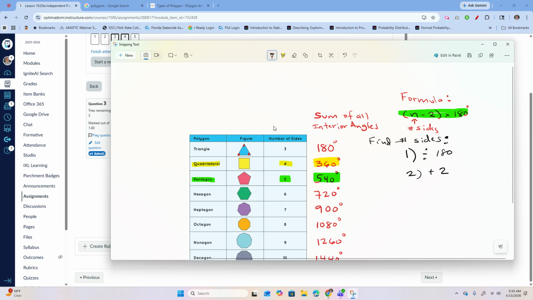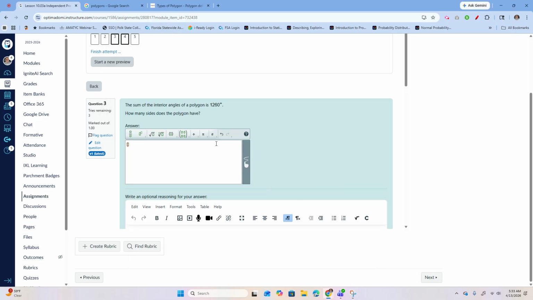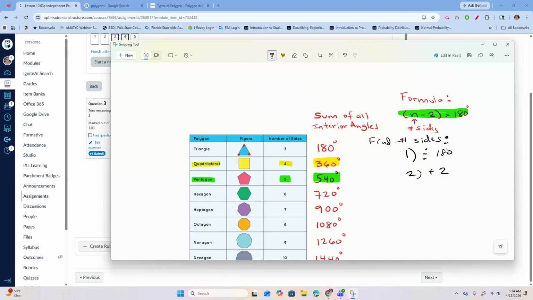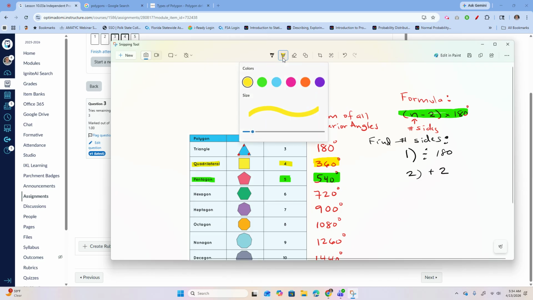And what do I mean with that? Well, look, what did this mean? They gave me a polygon where all the angles inside add up to 1,260. So my first step is I'm going to take 1,260. I'm going to divide it by 180. And you can see I got 7. See, that's the first step. That's this step right here. Let me change the color.